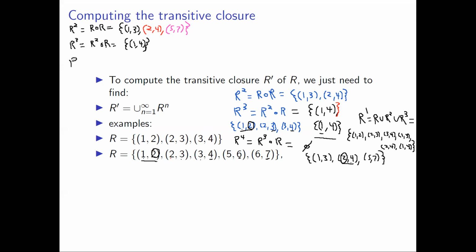And finally, we'll calculate R to the 4th. This is R cubed composed with R. And we can calculate that right here, the same as we've been doing the other ones. So here is R cubed, the 1, 4.